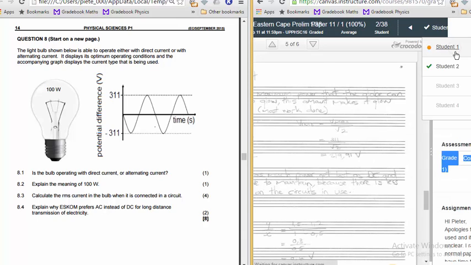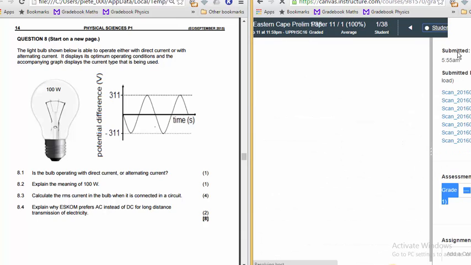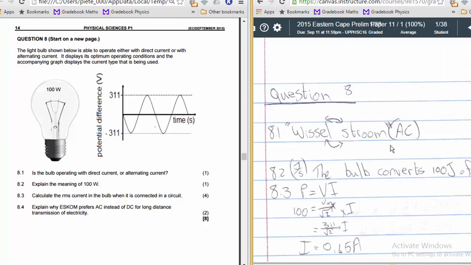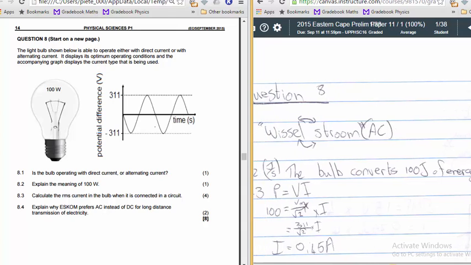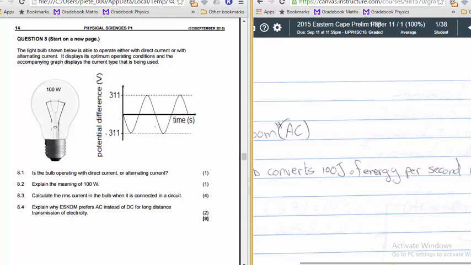Let's see what student 1 said. Actually, I've got him open on here. There we go. He also said it's alternating current. The bulb converts 100 joules of energy per second to light. That's very important. You can't see that on here, but that's the exact answer.